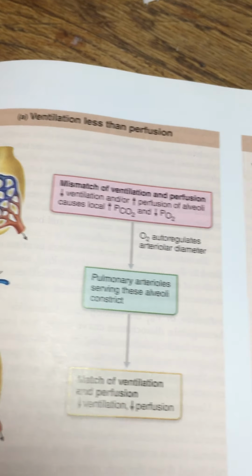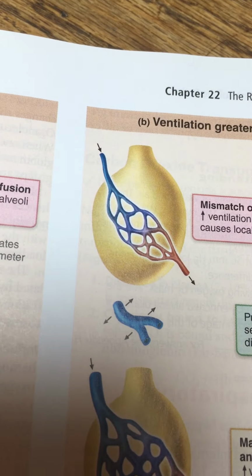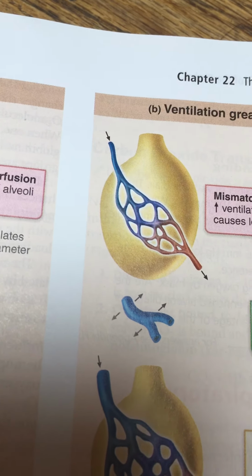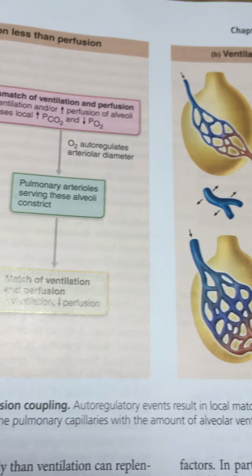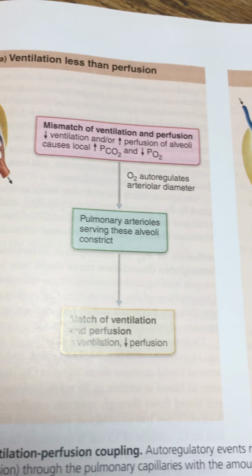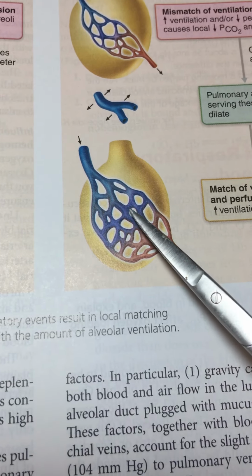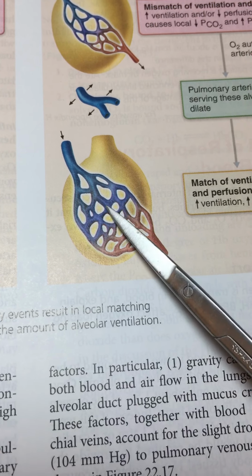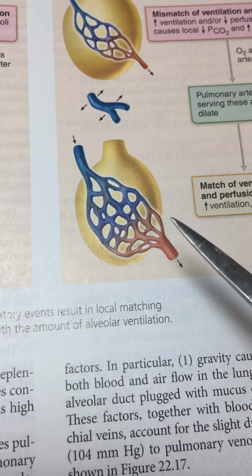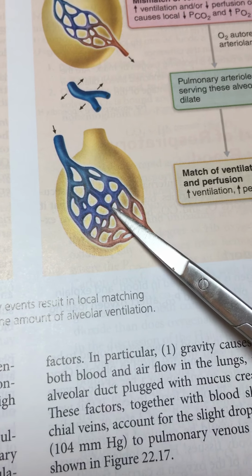Over at this page over here, this is page 827 in my book, and I want you to take a look at this diagram and notice that we have to have coupling. If we have a lot of air, we need to have a lot of blood flow. So they have to match each other. That's called coupling.